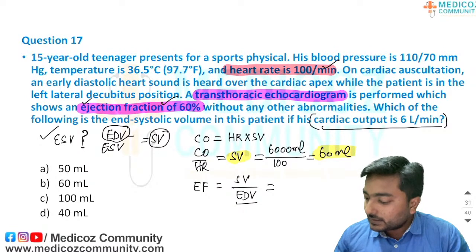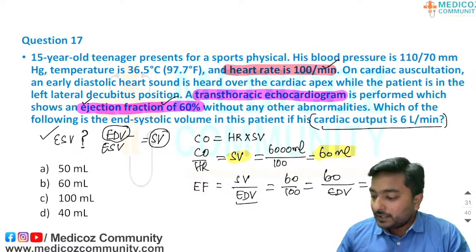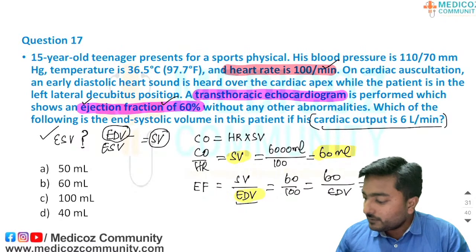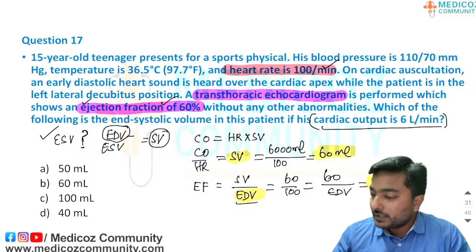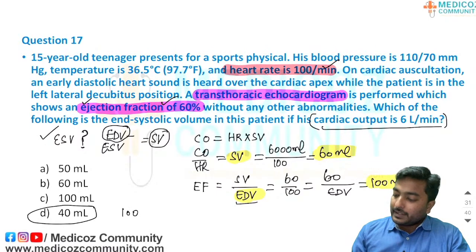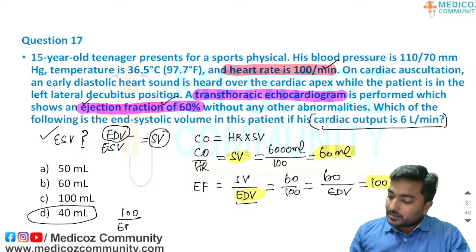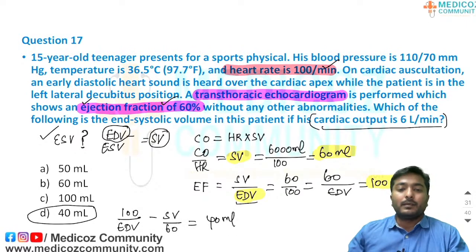They have given the ejection fraction as 60%, and we know that stroke volume is 60, and we need to find the end diastolic volume, which by this formula is 100 ml. Subtracting these two, we will get the end systolic volume. So the answer for the question is 40 ml. 100 ml is your end diastolic volume minus stroke volume of 60 ml, which is 40. Okay.